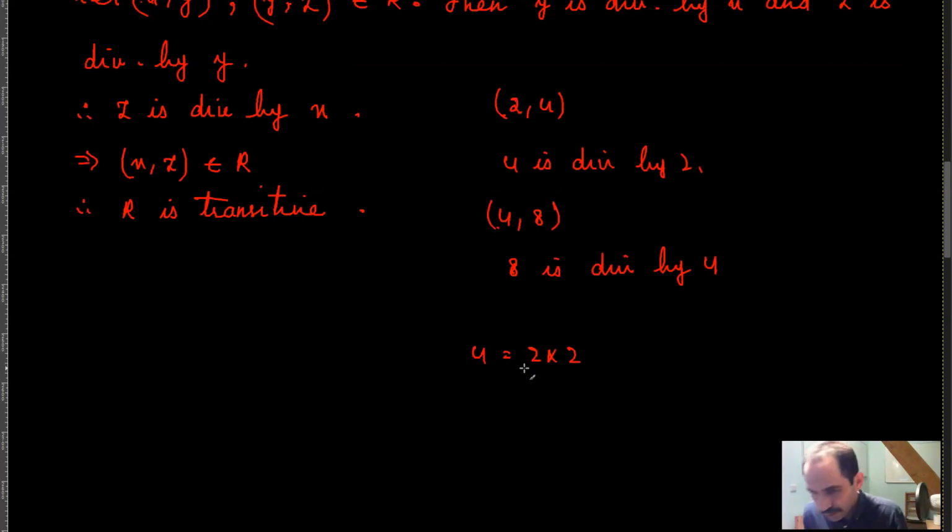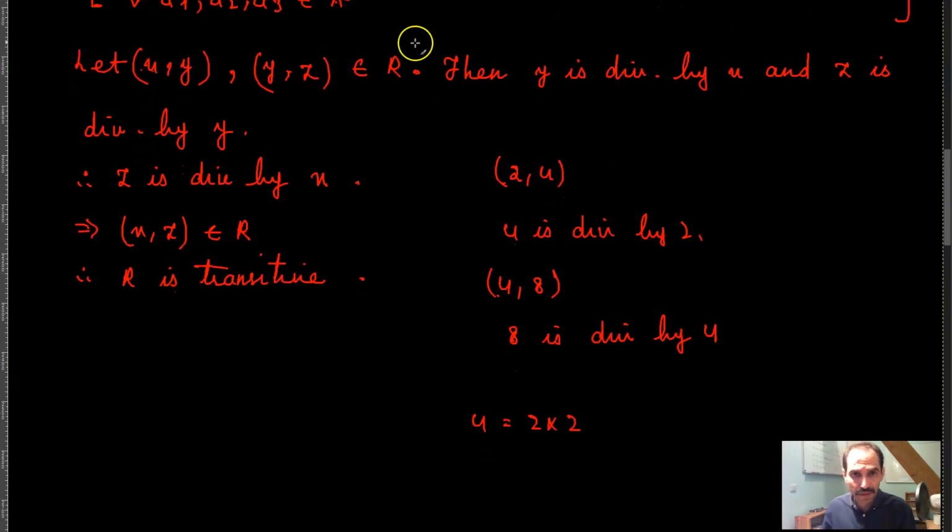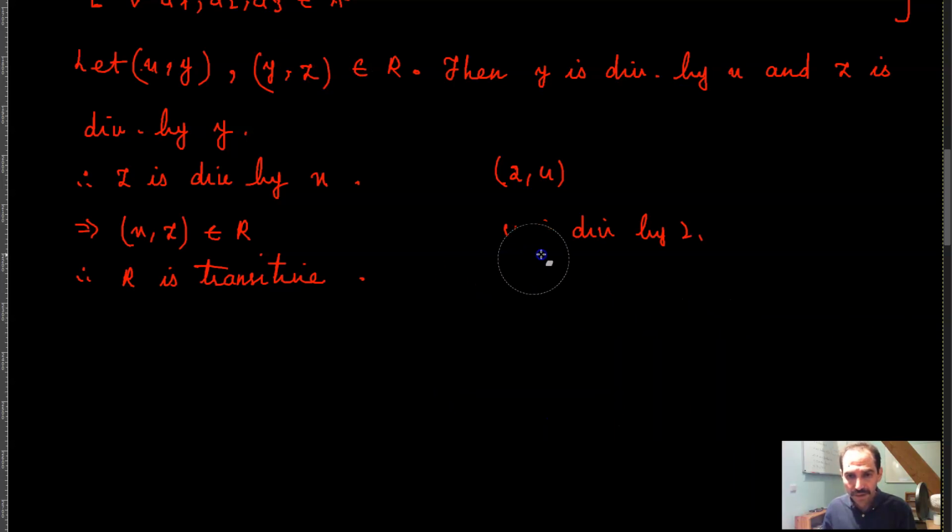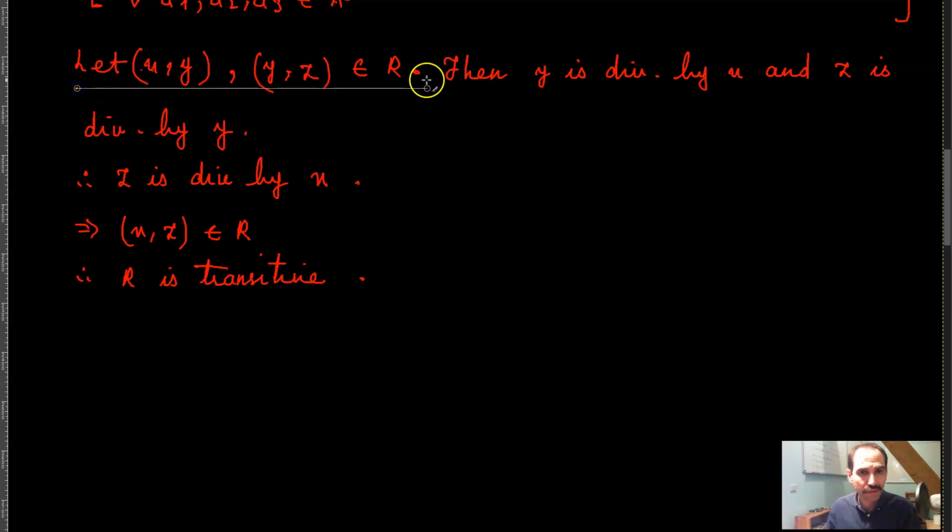Okay, so now in order to understand what this means, of course it's not hard to understand, but the important part here is to understand how we came to this conclusion. Here we make some assumption that (x, y) and (y, z) belong to R. Okay, so this is some assumption that we have made.